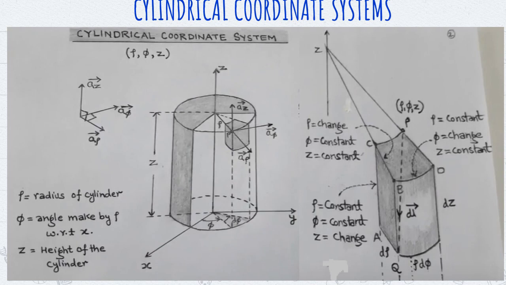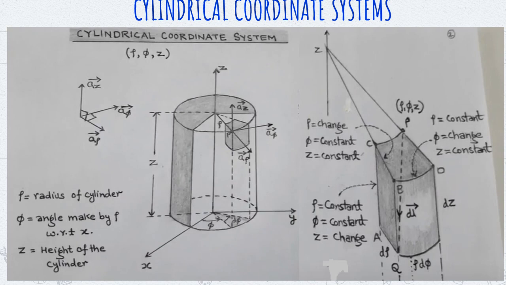Now the right side diagram represents the projection of this cylindrical coordinate system. The diagram shows the points P, C, B, O. PC is a curve-like structure, and BC is a plane surface.